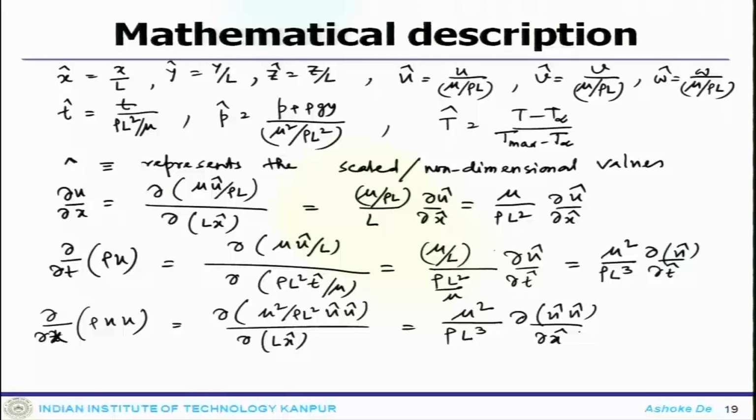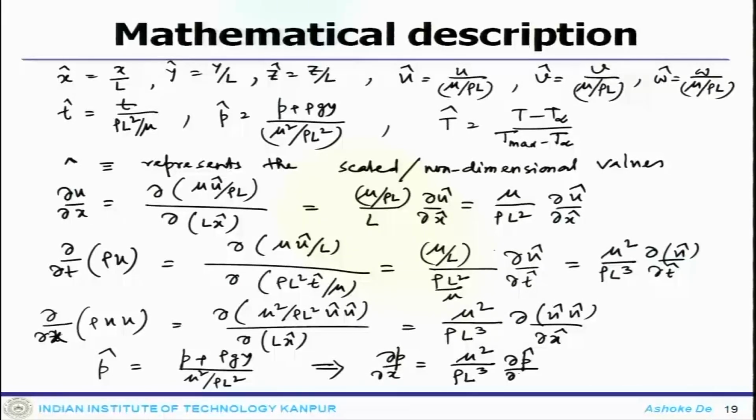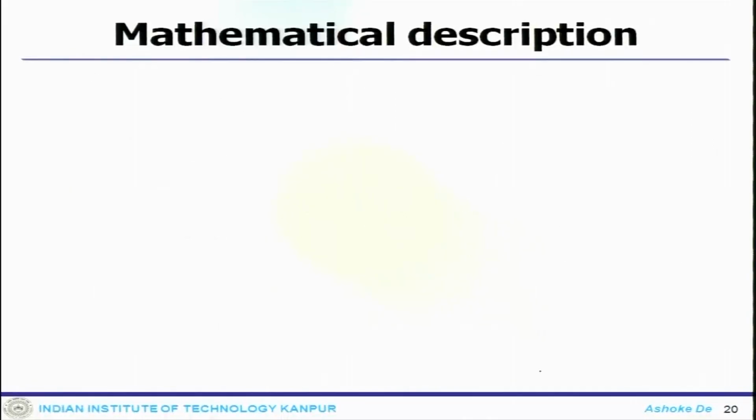You can do other terms also, for example the pressure term. This will become (P plus rho g y) divided by (mu square by rho L square). So, if you transform them and take the term del P by del x, this will become mu square by rho L cube del P hat by del x hat. Now, diffusion term mu del 2 u by del x 2.